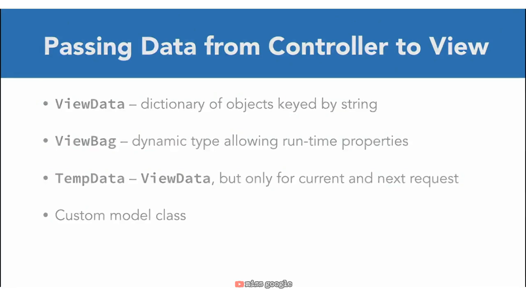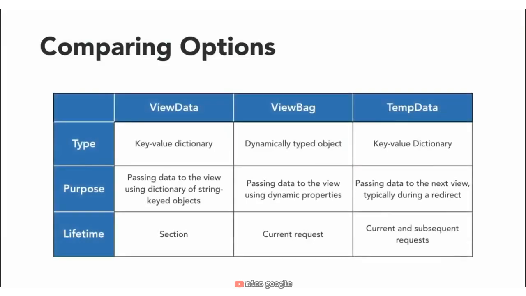three options. Comparing them side by side, you can see that the view data and view bag are very similar in purpose and in lifetime. The main difference between the two is the programming model they follow for letting you set and retrieve values from arbitrary settings at runtime. The difference between these two and temp data is primarily temp data's lifetime, which is for 2 request cycles, not just the current one.